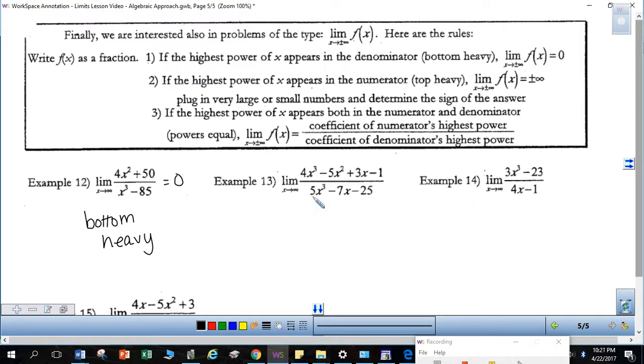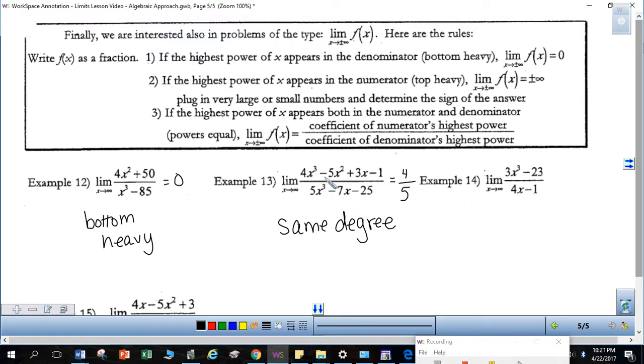So in this next example, that's the case. It's a degree of 3 on the top and bottom, and so our limit will equal the ratio of 4 over 5. We can just write that as 4/5. So those two limit situations are easy. It's exactly the same thing as we did when finding the horizontal asymptote.